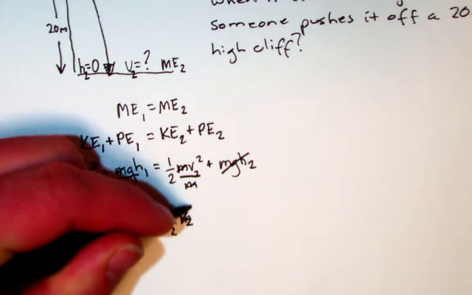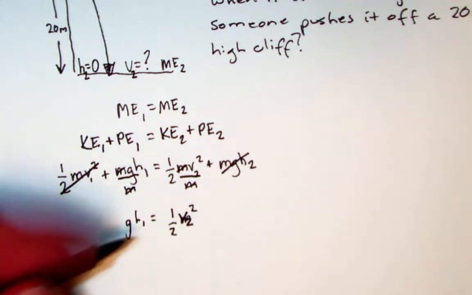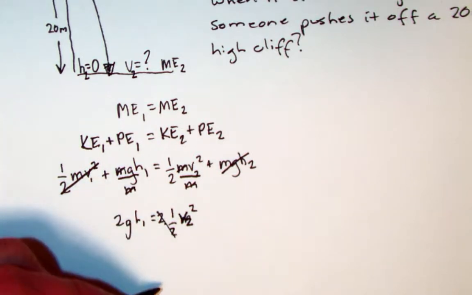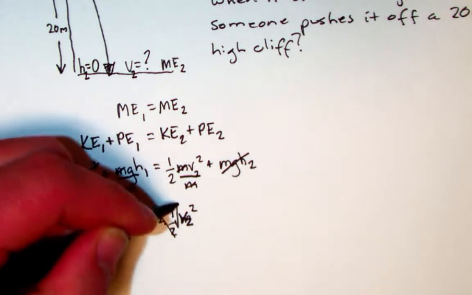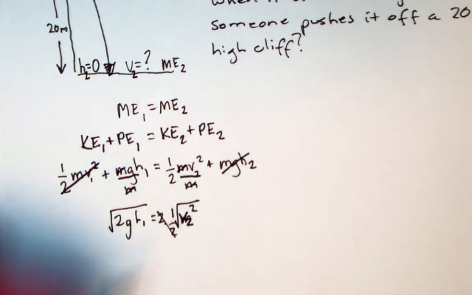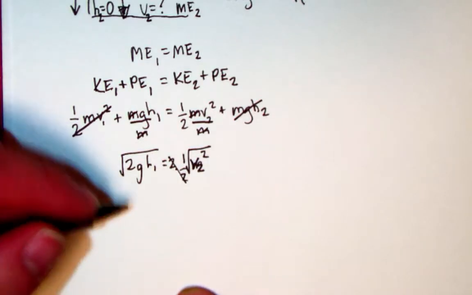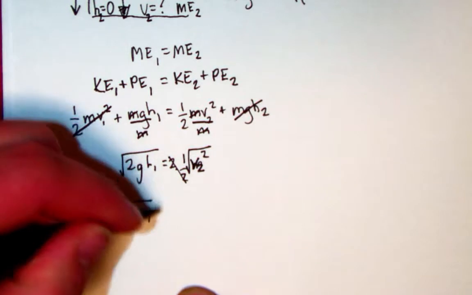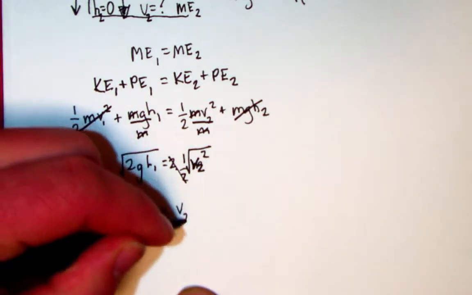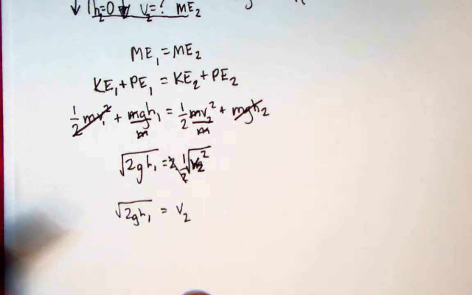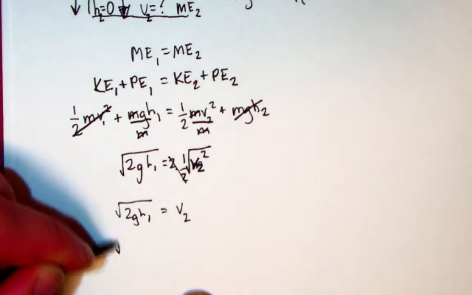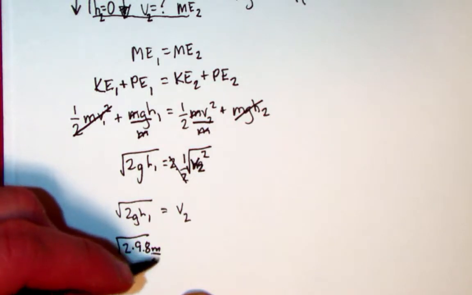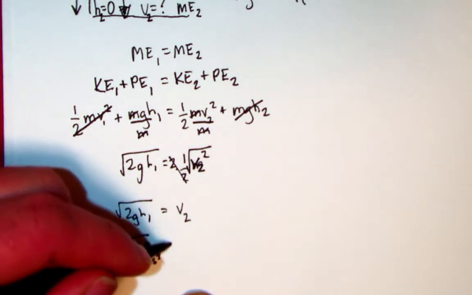v2 squared. I'm going to multiply both sides by 2 to get rid of the 1/2. And I'm going to take the square root of both sides to get rid of that exponent. So now I've got the square root of 2gh1 equals v2. Well, I know h1 and I know g, so that's going to be 2 times 9.8 times 20 meters.